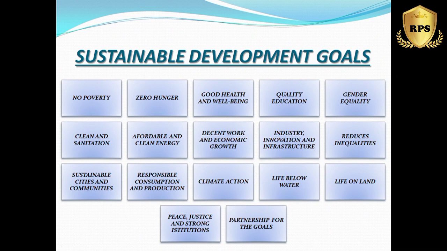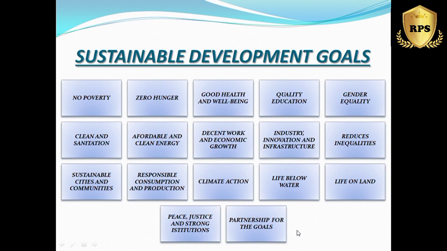I have some themes for you, like no poverty, zero hunger, good health and well-being, quality education, gender equality, clean water and sanitization, affordable and clean energy, decent work and economic growth, industry, innovation and infrastructure, reduced inequality, life on land, life below water, climate action, responsible consumption and production, sustainable cities and communities, peace, justice and strong institutions, partnerships for the goals.